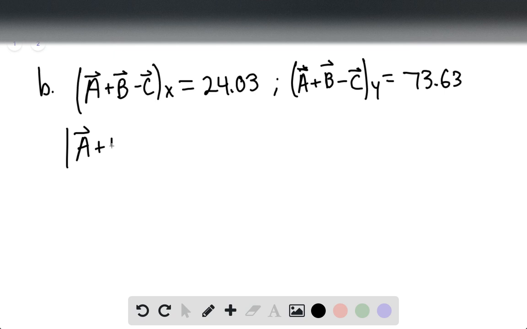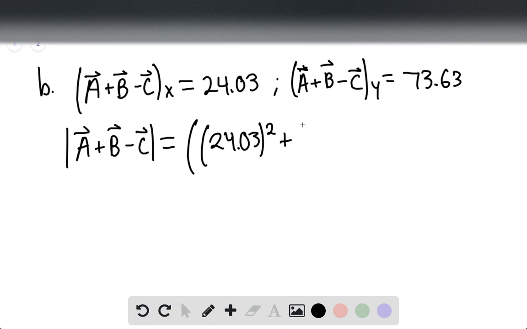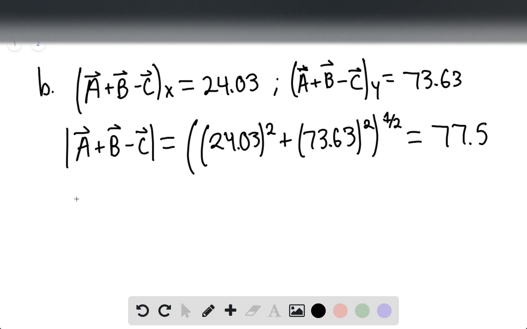Vector A plus vector B minus vector C will be equal to 24.03 squared plus 73.63 squared, and then all to the 1/2 power. This is giving us 77.5. Now to find the angle, we simply take arctan of the y component divided by the x component.